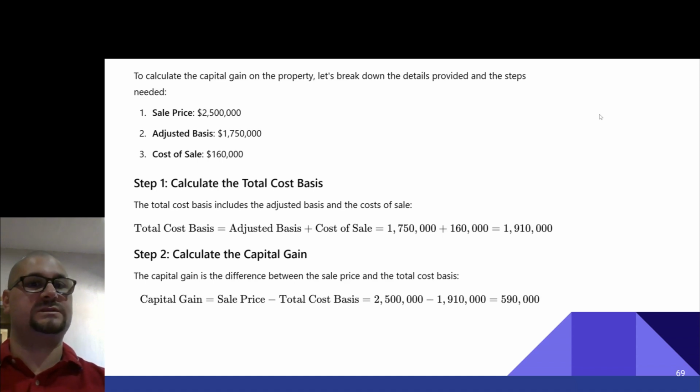So 1.75 million plus 160,000 will give you 1.91 million. That'll be the total cost basis.